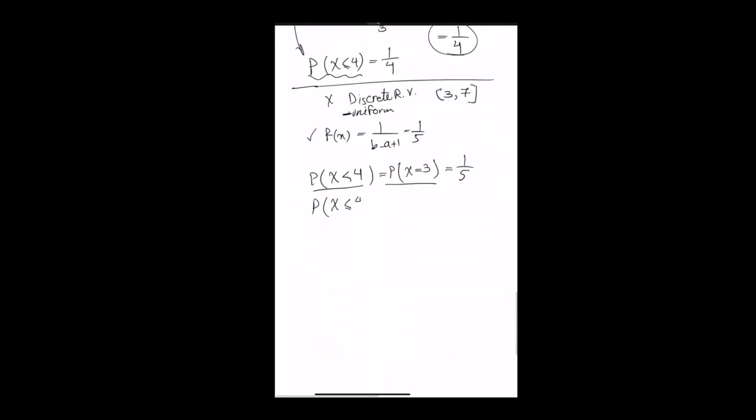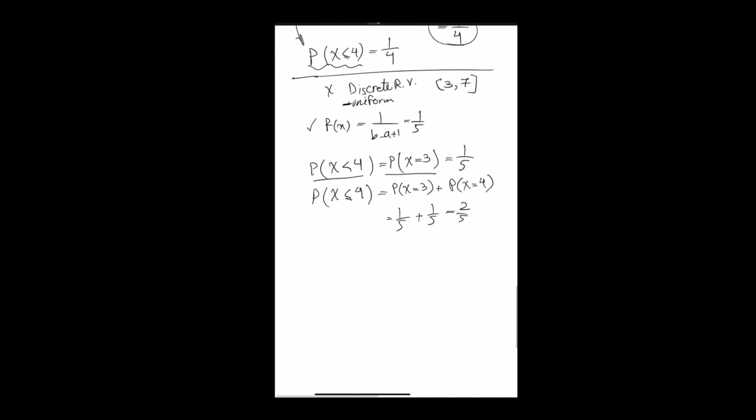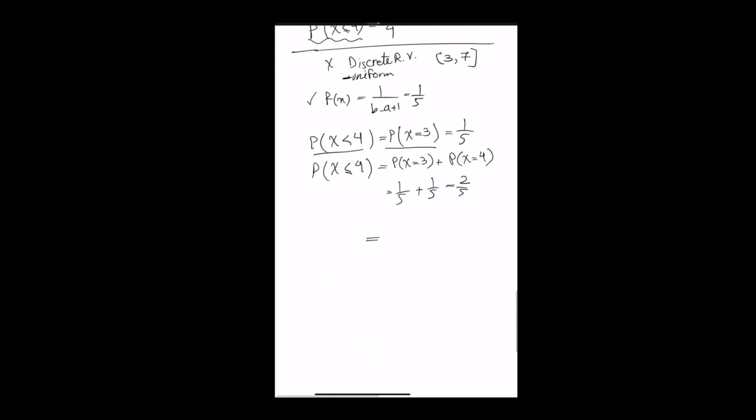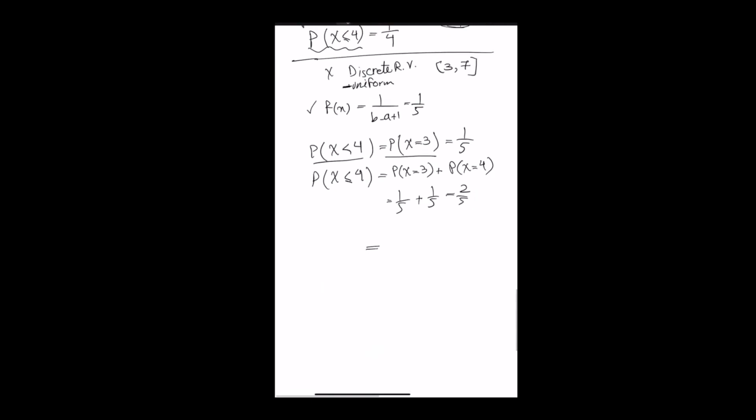But if it's discrete, the probability of x less than 4 is different from the probability of x less than or equal to 4. It's the probability of x equal to 3 plus the probability of x equal to 4. That's 1 over 5 plus 1 over 5, and that's 2 over 5. Or in other words, for the discrete random variable, remember, instead of an integral, we use summation. The example is just summation, sigma.